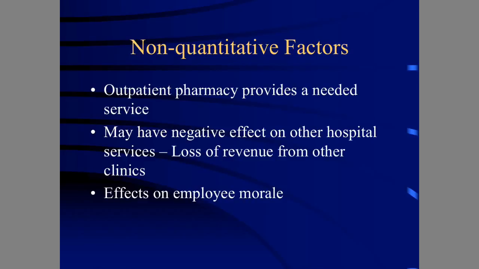Sometimes pharmacies that own multiple pharmacies get into this: I've got to close this one pharmacy because it's not making a lot of money. However, that pharmacy is also offsetting a lot of the central expenses, like managerial salaries. So if I close that pharmacy, what is it going to do to the total bottom line?